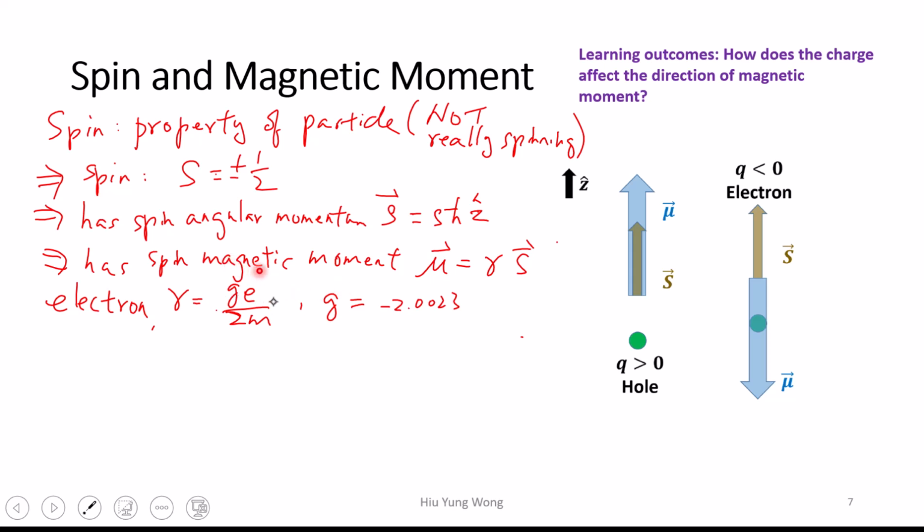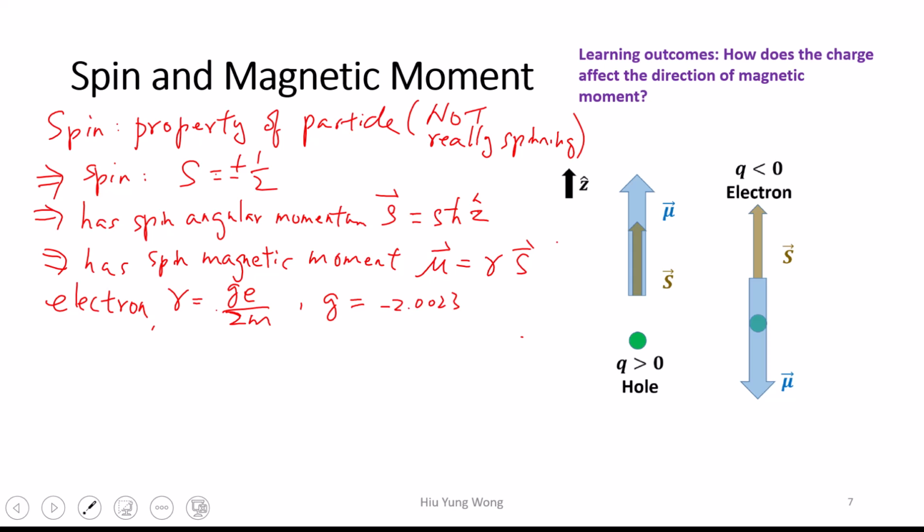It also has a spin magnetic moment equal to the gyromagnetic ratio times the angular momentum. While it's actually not spinning, because it's a point charge, that's why it is called spin, and that is what confuses us. But that is a very valid reason to call it spin because it acts like it is spinning.